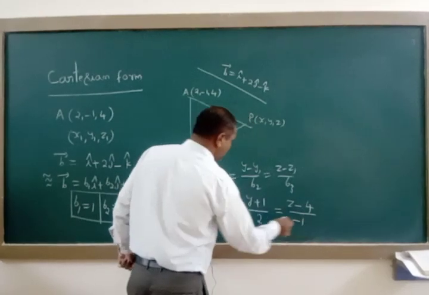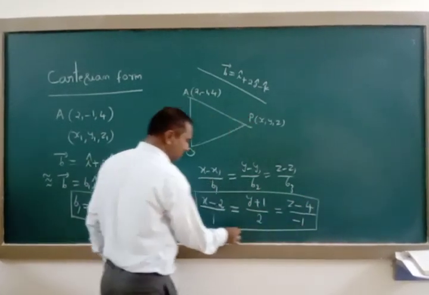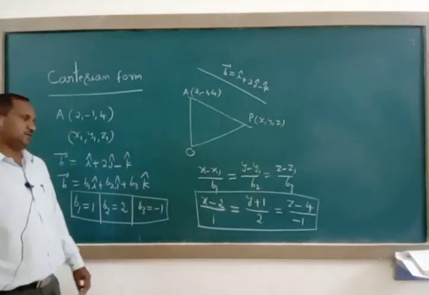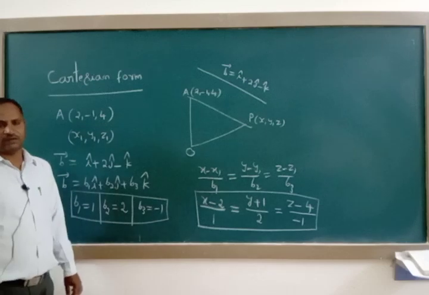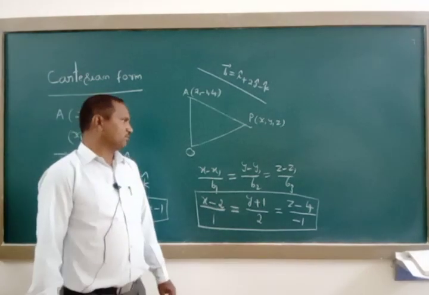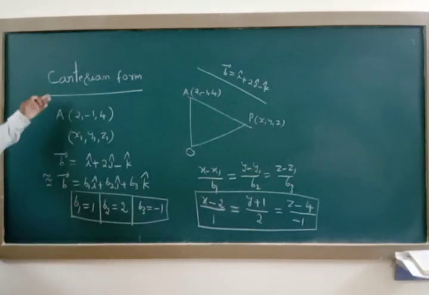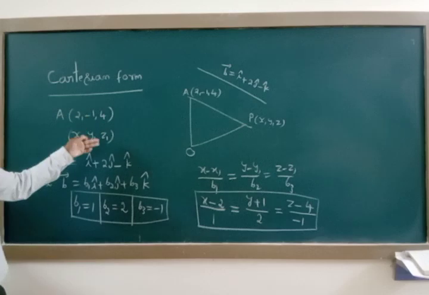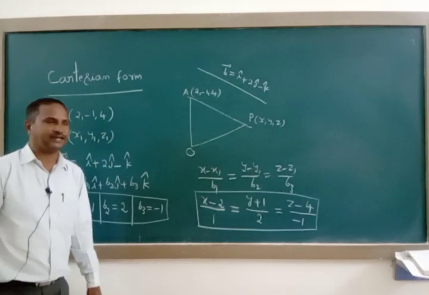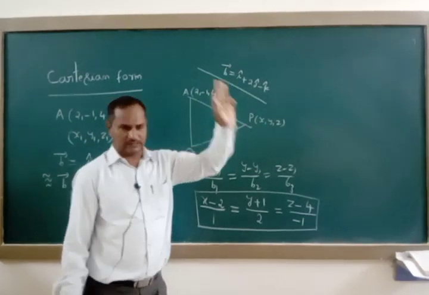This is the Cartesian form of the equation of a straight line. Because in this question they asked for two types of forms, Cartesian form and vector form. I finished the vector form first and after that the Cartesian form also. This is the procedure to find the Cartesian form of the equation of a straight line when it is passing through a point and parallel to one vector.